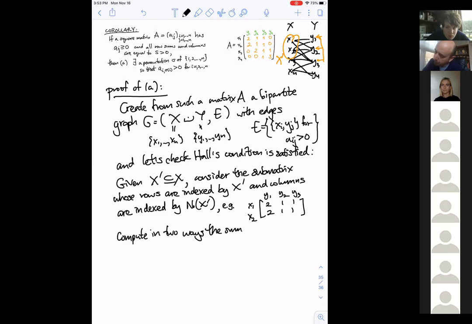I'm going to do it by summing across rows, and then I'm going to do it by summing down columns. But I should get the same answer, right?